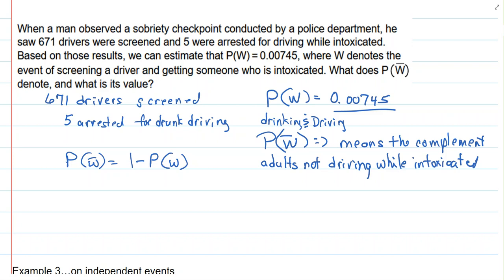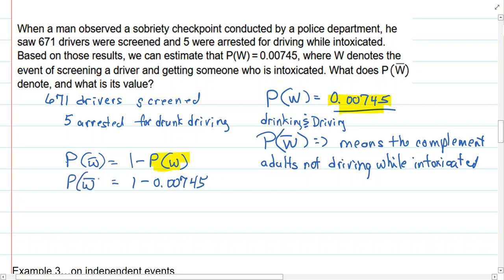All right. So I can give you this value because I have this value here. So I'm going to do a little bit of math. And that gives me not driving intoxicated.